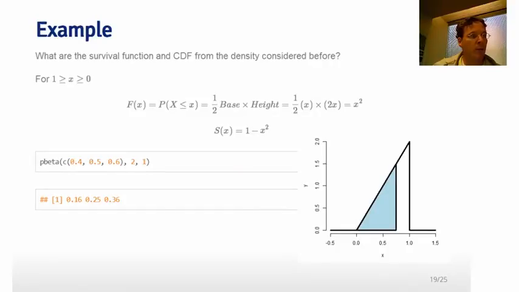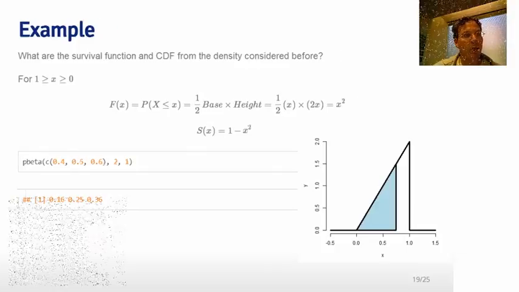The probability that 50% or fewer get answered is 25%. And the probability that 60% of the calls or fewer get answered is 36%. If you wanted the survivor function, it's 1 minus the cumulative distribution function, so it's 1 minus x squared. In the future, we're going to work with more complicated density functions, but it'll actually be easier because we'll just be relying, for example, on the pnorm and pbeta functions like this instead of directly figuring them out.